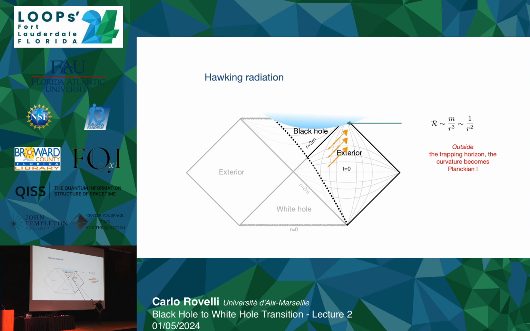And as I said, because of back reaction, the radius of the horizon, now we're talking about a dynamical horizon, apparent horizon, trapping horizon, not an event horizon, right? We don't know what happened there. It goes down, which means that outside the horizon the curvature becomes 1 over r squared. When, because of the back reaction, the radius becomes Planckian, the curvature becomes Planckian, and therefore you're in a quantum gravity region there.